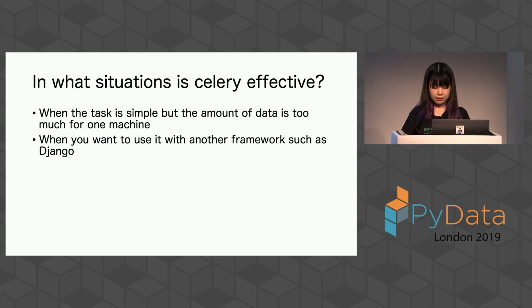Since Celery is a very simple task queue system, a simple task with a big amount of data for one machine will suit it. But when you try to run complex tasks on Celery, you have to write a lot of code, so it is not recommended.